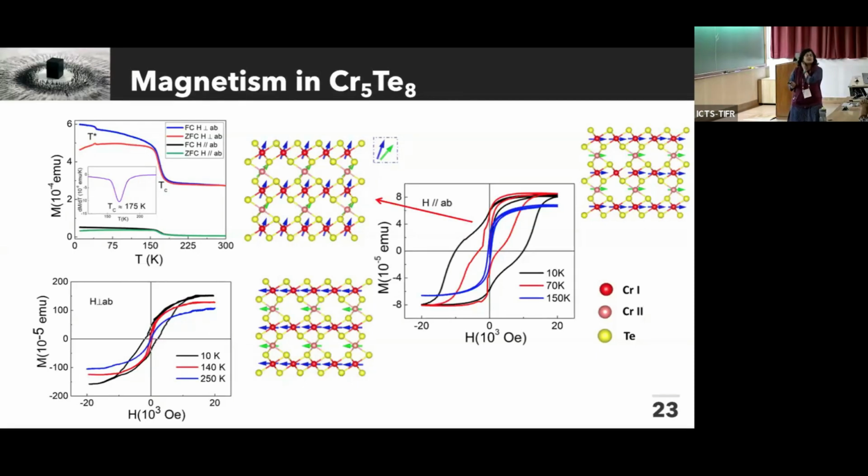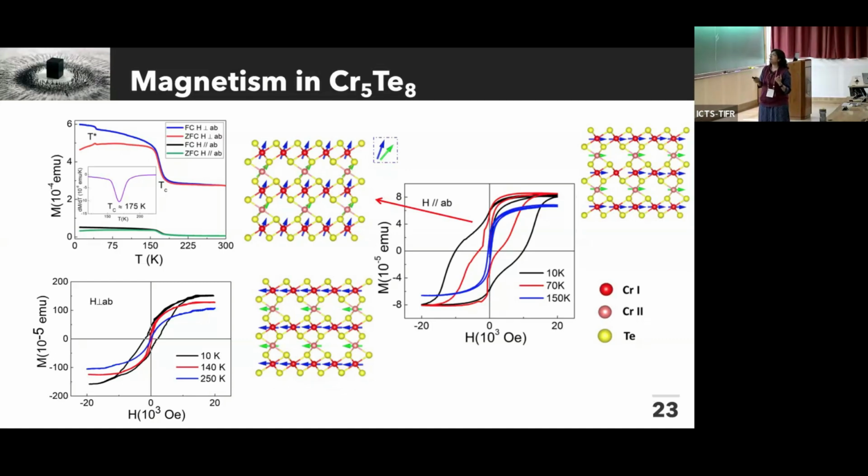Mind you, these are the SQUID measurements which are done on the bulk samples. In the bulk samples, we can see a Curie temperature of around 175 Kelvin, and again we see a small point here where there is a transition. We attribute this to the two different exchange interactions that I just talked about.